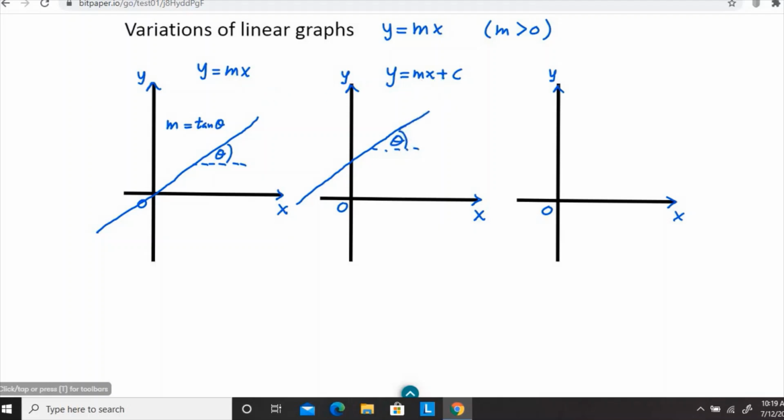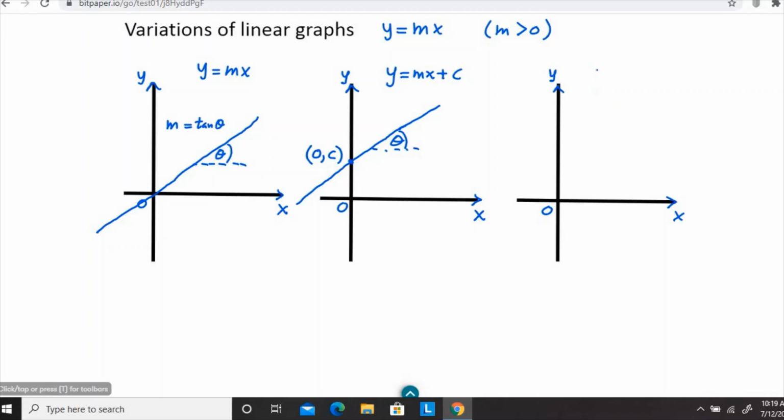So the steepness or the slope is the same. But now it does not go through the origin, but it goes through a point on the y-axis, which we call the y-intercept. So the coordinates of this point is 0, c, where c is the y-intercept.